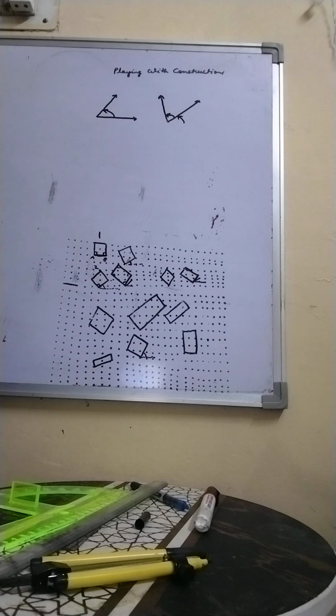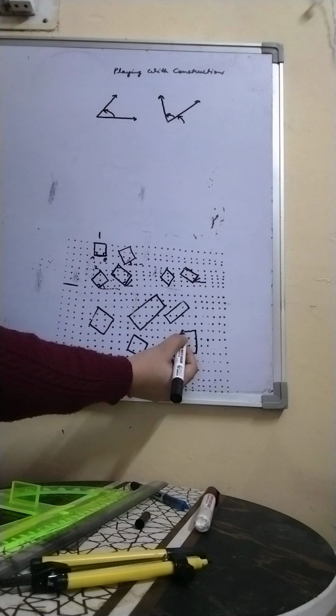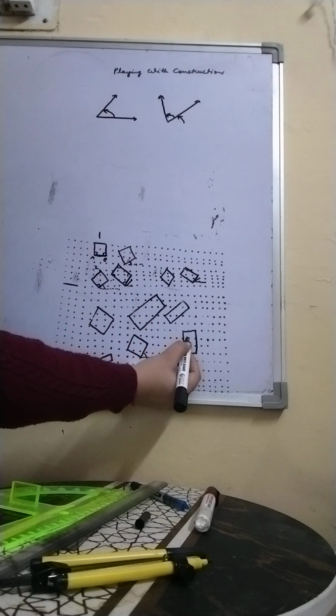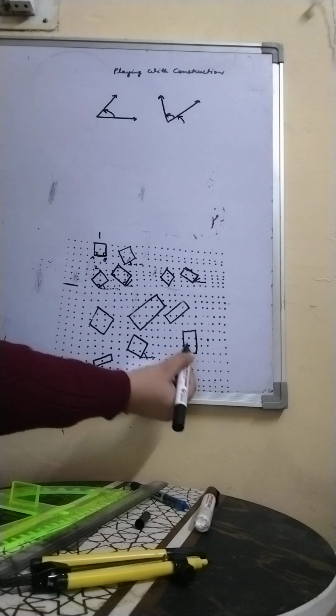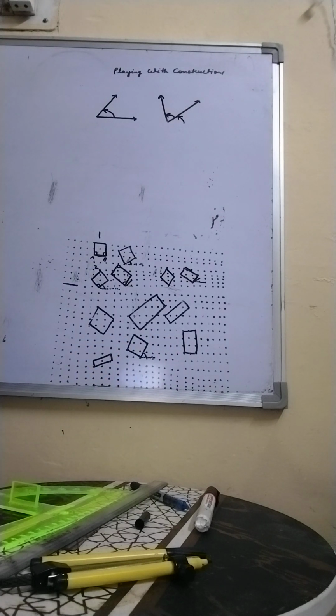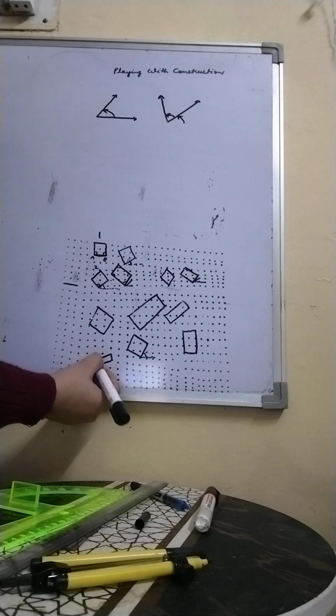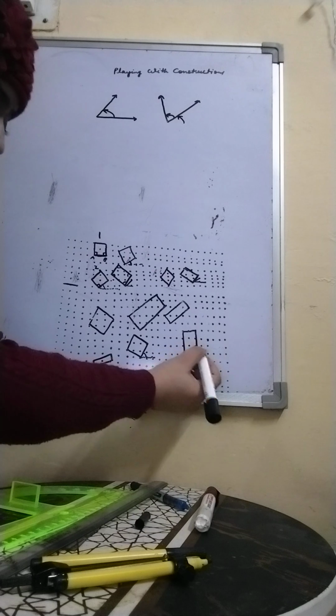Similarly for rectangles, rectangles are a bit easier. Like here I have joined 3 dots and here I have joined 4 dots. So you would get a rectangle. This is a simple one. Then you have to join it at a certain angle.